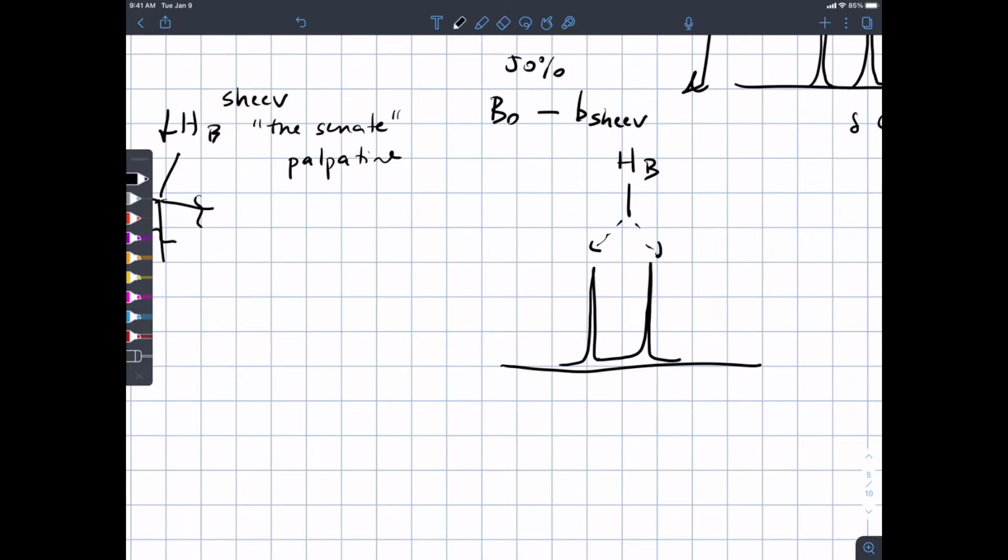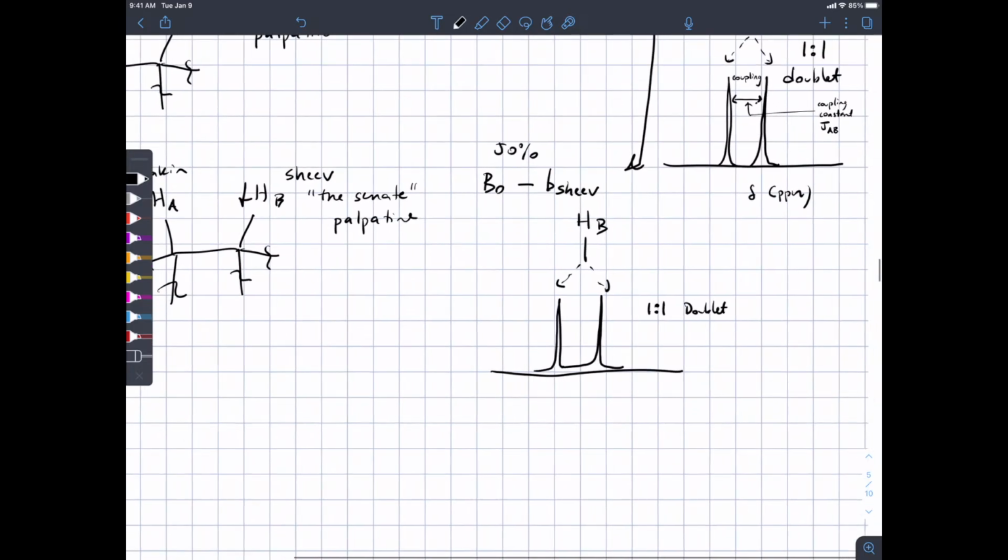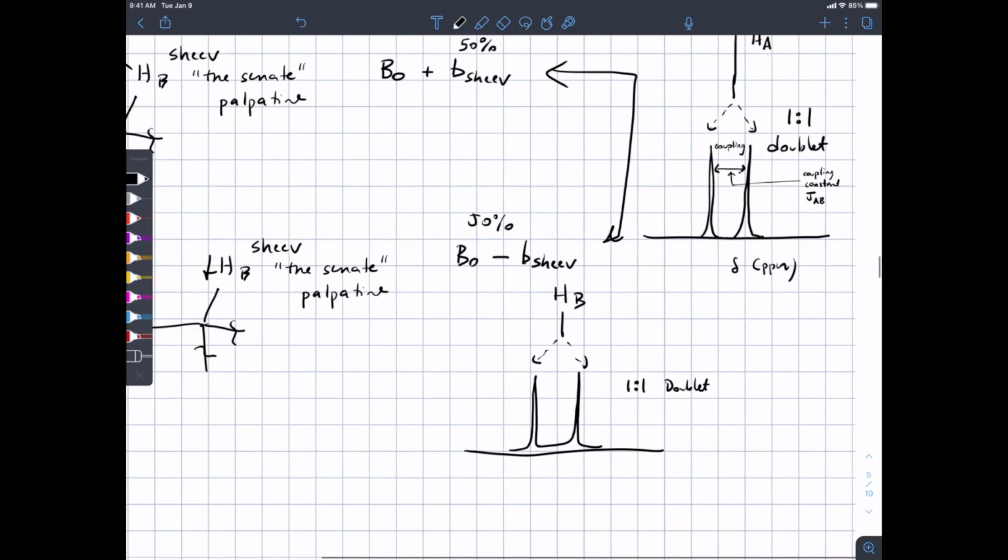And again, you're going to see a 1-to-1 doublet. And you can tell that protons A and B are coupled to each other because they will have the same coupling constant. The coupling constant between B and A is the same as the coupling constant between A and B.